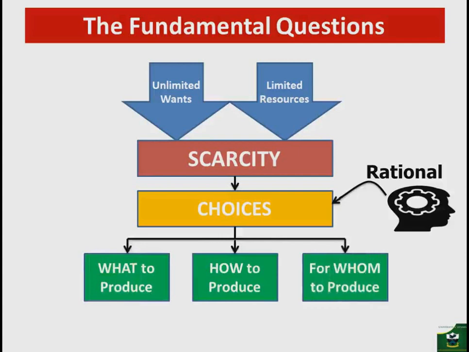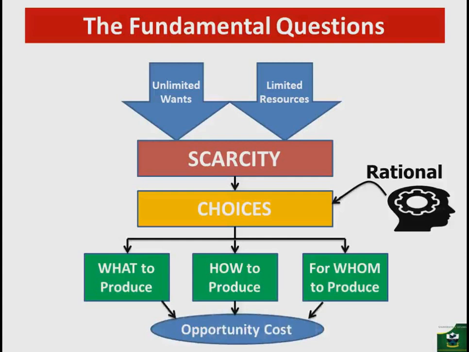In answering these questions, we will be able to solve the economic problem. We should note that in solving these problems, we have to make a trade-off. For us to produce more of one item, we need to give up resources needed for the production of another item. Therefore, there will be opportunity cost incurred in our choices.